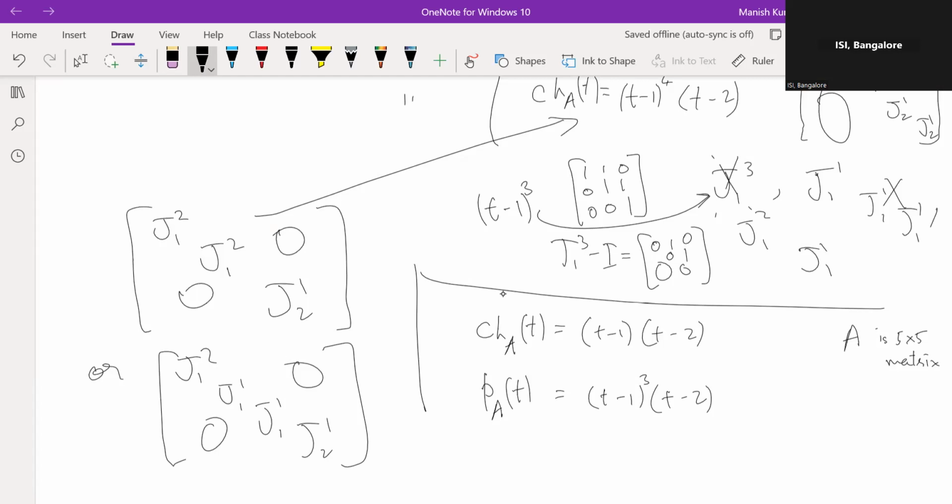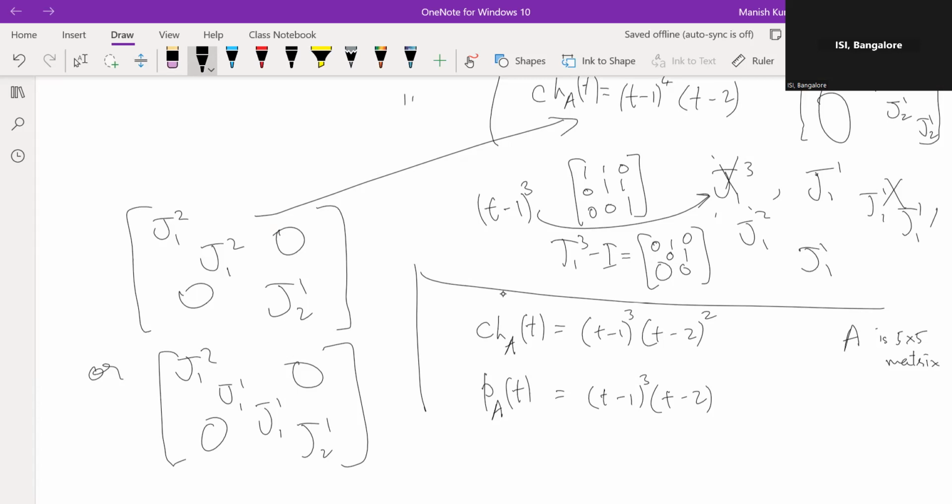And then let's not worry about this. So this t minus 2 doesn't matter, yeah? Anyway, we want J13. We don't really care about this thing. And then the characteristic polynomial has to have (t minus 1) cube at least, yeah? So it must be 3 or 4. So you can put 3 and 2 or 4 and 1.